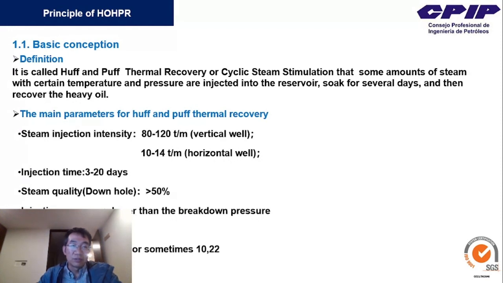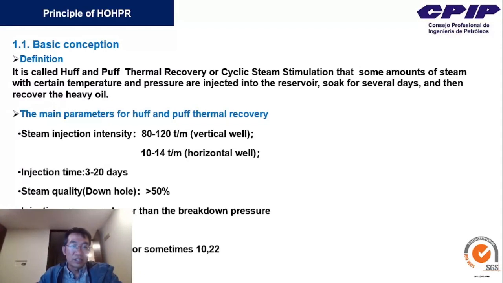There are some parameters. The first one is steam injection intensity, 80 to 120 tons per meter for the vertical well, and 10 to 14 for the horizontal well.